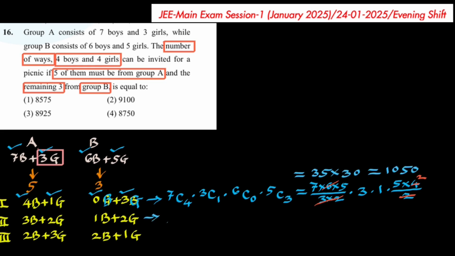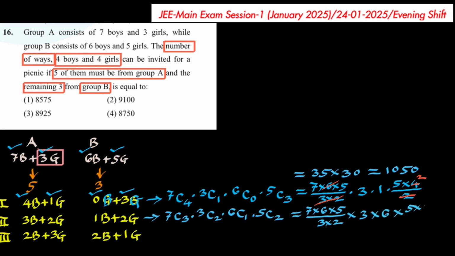Similarly, for the second case, 7C3 into 3C2 into 6C1 into 5C2. 7C3 is 7 into 6 into 5 upon 3 into 2, 3C2 is 3, 6C1 is 6, 5C2 is 5 into 4 upon 2. This works out to be 6300.